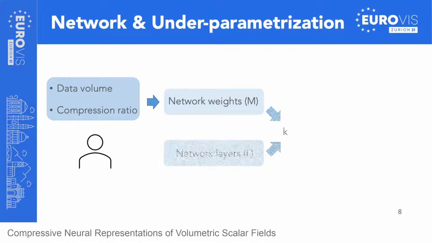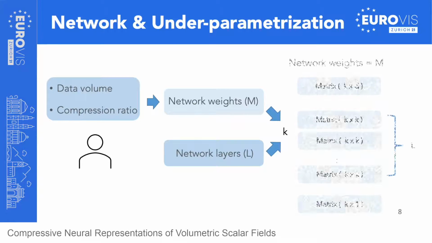Together with network layer count L, we derive an integer k such that the network, consisting of mainly fully connected layers and periodical activation functions, with the first layer with weights in shape k by d, intermediate L layers with weights in shape k by k, and the final layer with weights in shape k by 1, has a total number of weights that sums up to approximately m. Compression is achieved as the network will be the compressed field and its weight size m is smaller than the field size.